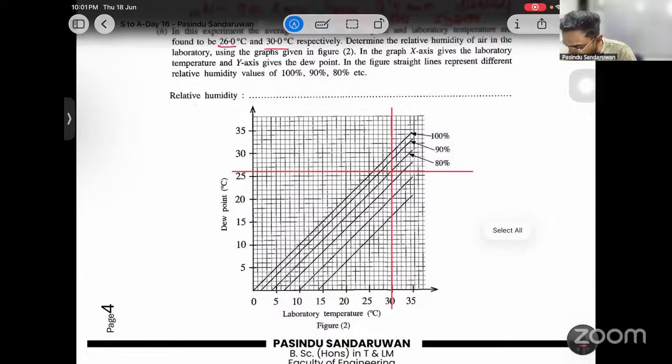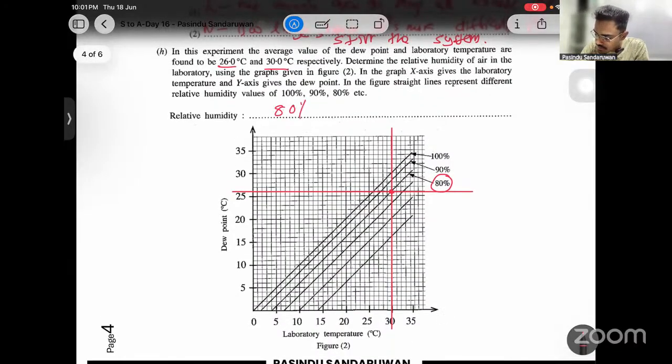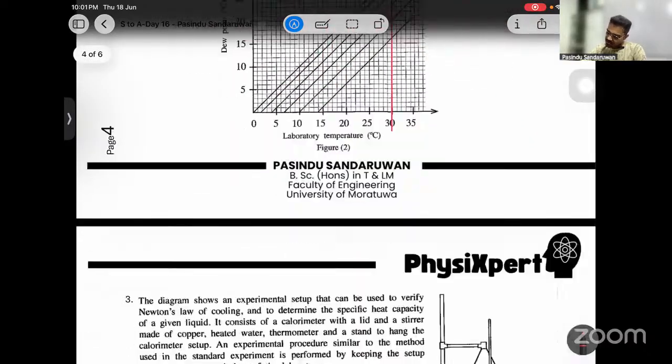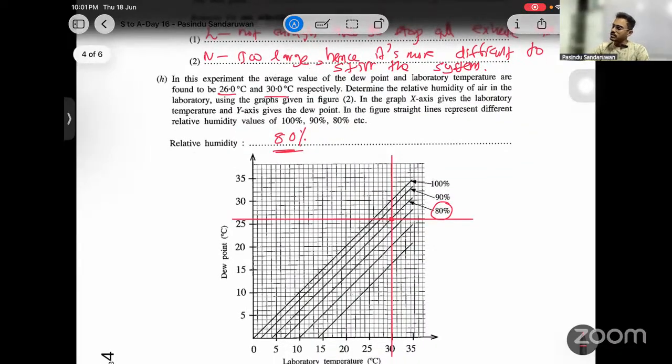See, it is intersecting at this point the line with 80, which means relative humidity is 80%. Use a ruler and check it out, if the grid is clear enough. That's it for that question. Any doubts, any clarifications needed before we move on?